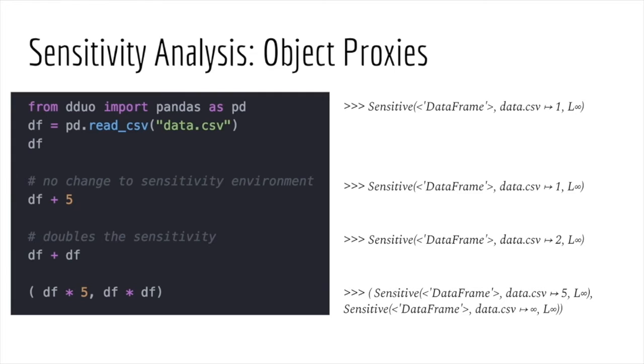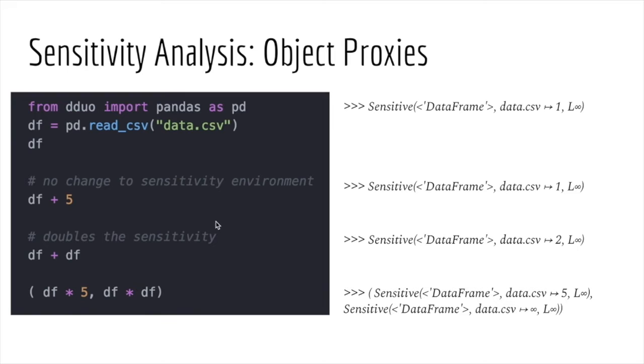The DDUO system tracks and updates the sensitivity environments of sensitive objects as operations are applied to them. For example, adding a constant value, such as the number 5, to the elements of a data frame results in no change to the sensitivity environment.